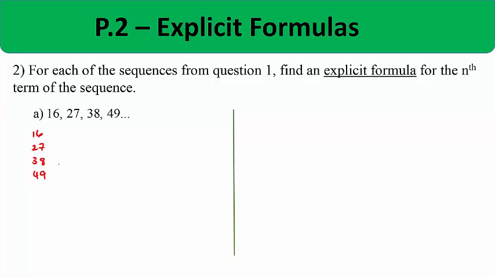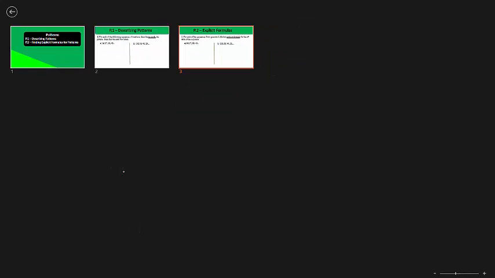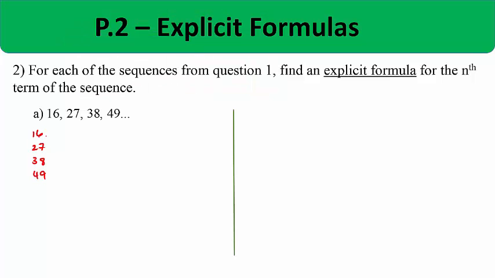So if we know we're adding 11 to get each subsequent term, what would I add 11 to get 16? That would be 5 plus 11. So if 5 plus 11 is 16, then 27 is 5 plus 11 plus 11.